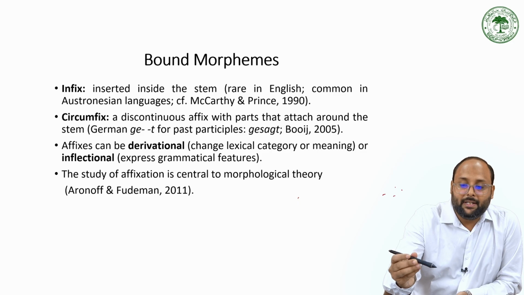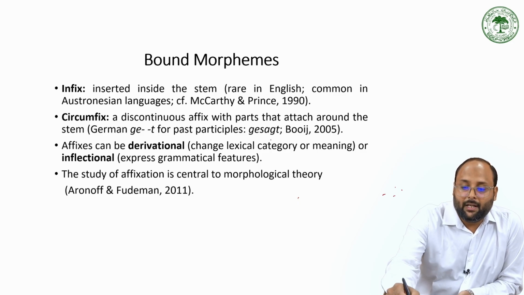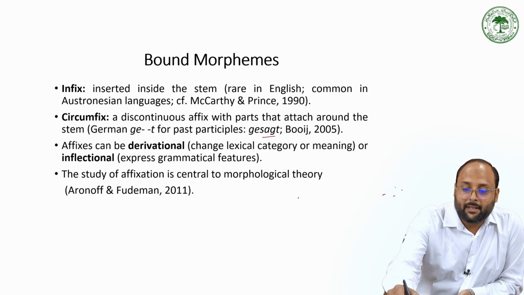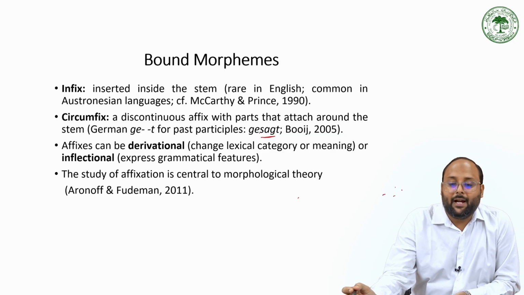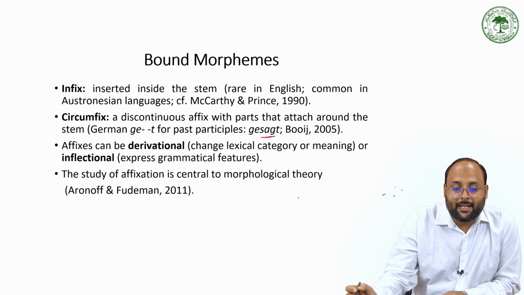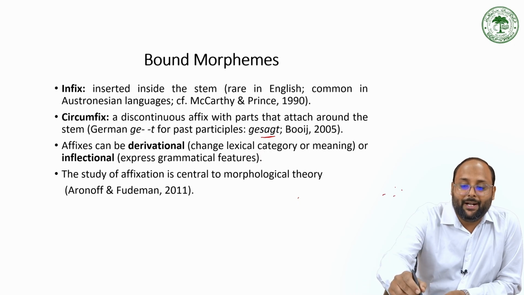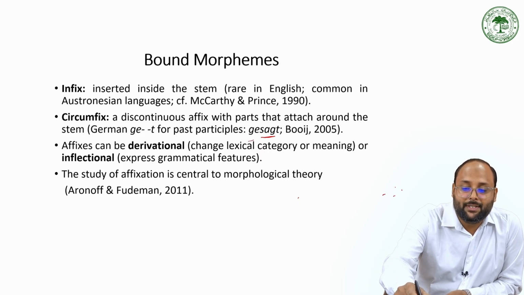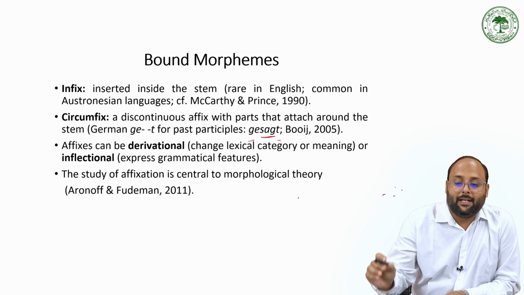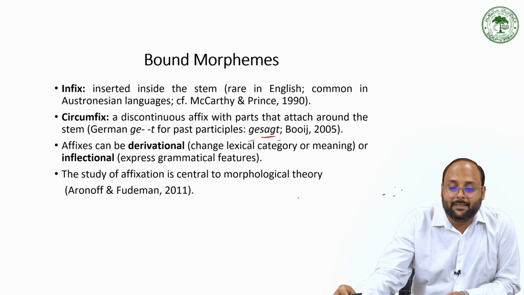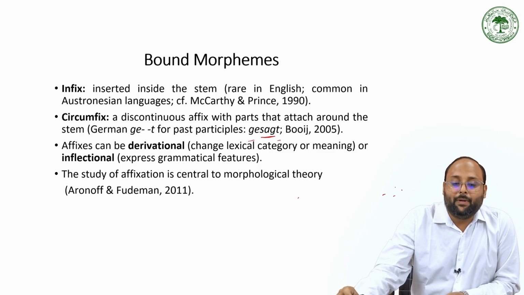The basic word is sag, and we are attaching the circumfix to this word to give the meaning of past participle. We are adding two parts, one is ge and the other is t. Both parts are added together to the word sag to give the meaning of past participle.